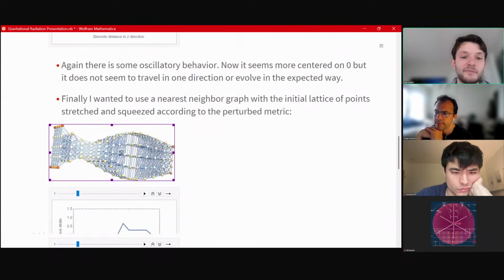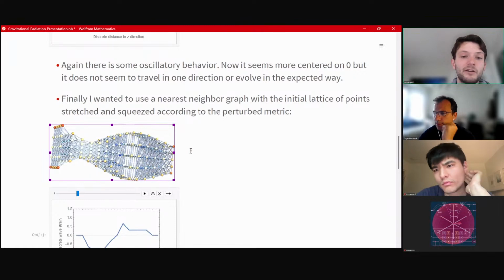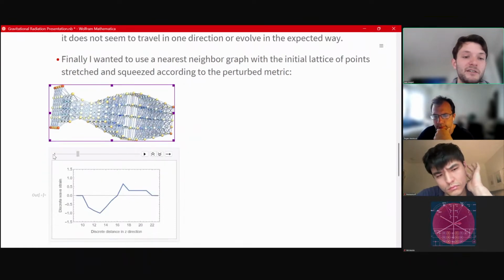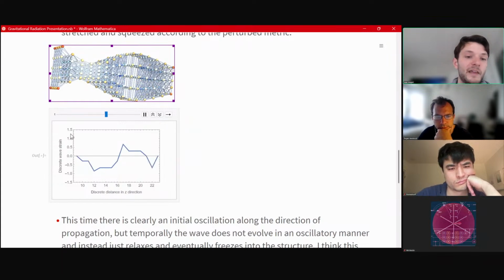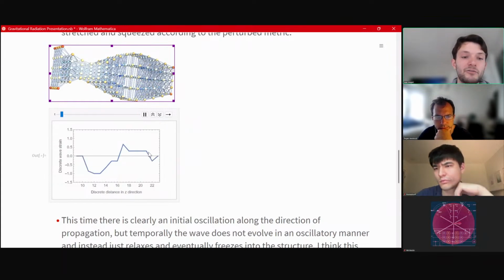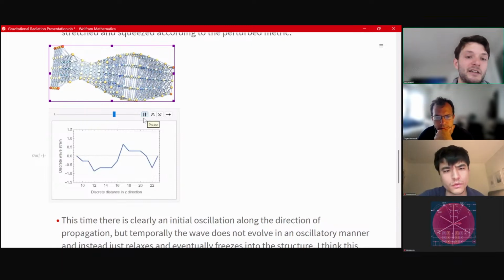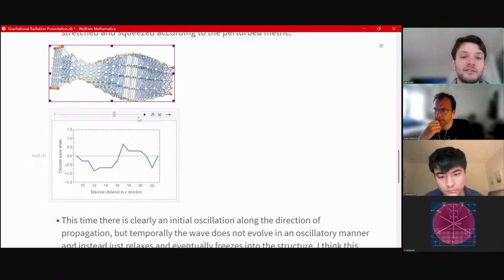And since this is similar to the visualization I did for the linearly polarized wave, I wanted to see if this would evolve in a similar way. And I did not really have much luck with that either. And here the wave strain along the z direction, again, didn't really travel in any sense. And in terms of the temporal evolution, it just relaxed in some sense before freezing out again.